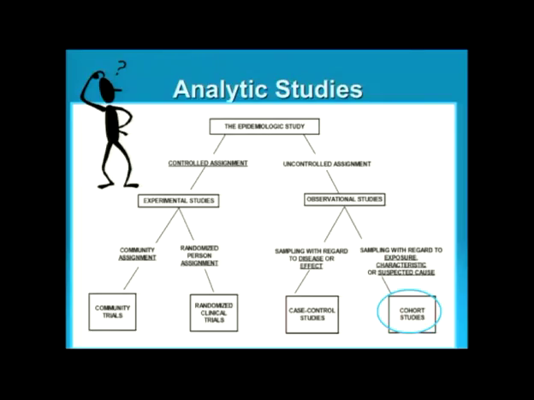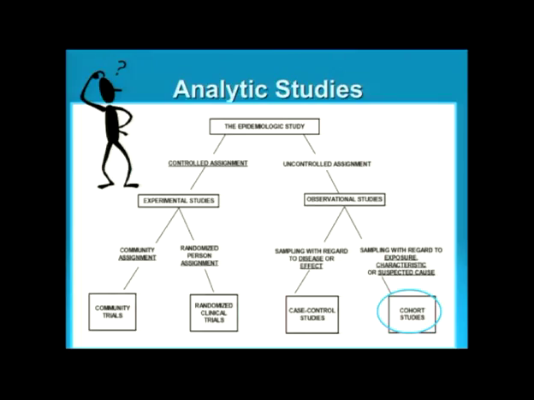And this is another figure that sort of lays out study design. Before, everything was observational and descriptive, and then we moved to observational and analytic, being a case control study. And here, the other observational study that is analytic in type would be a cohort study. That's what we'll talk about today.